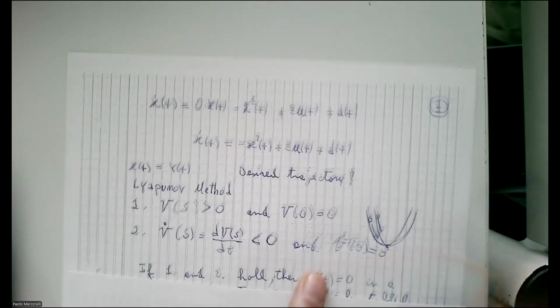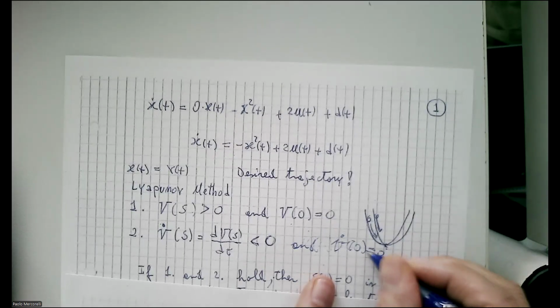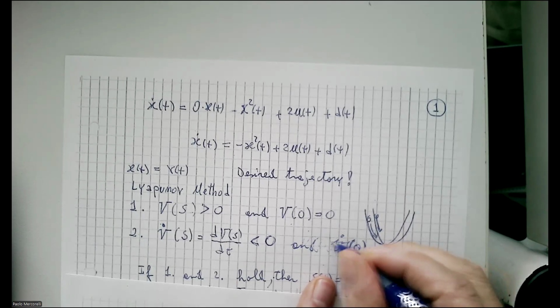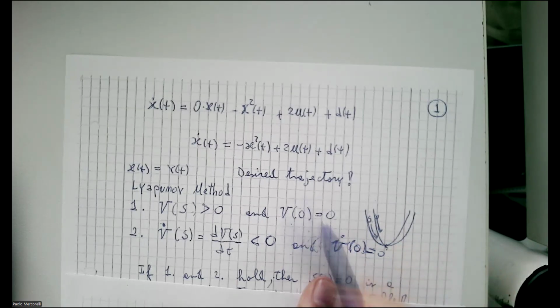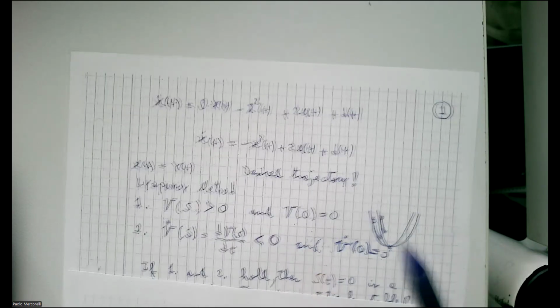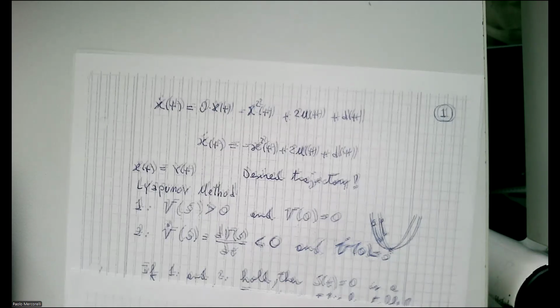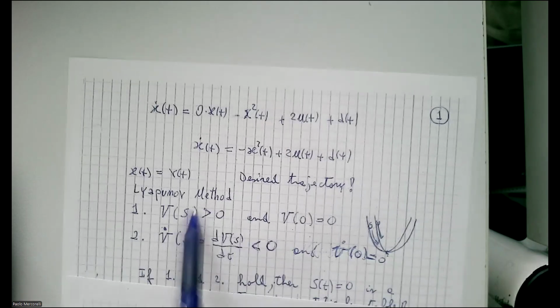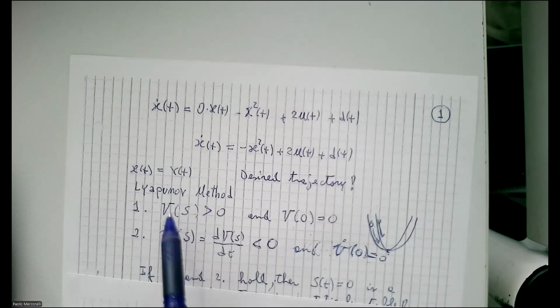Anyway, you can formulate it as you want, also in four conditions, but let me say that this condition here and this condition here come automatically if I define this function in a suitable way.